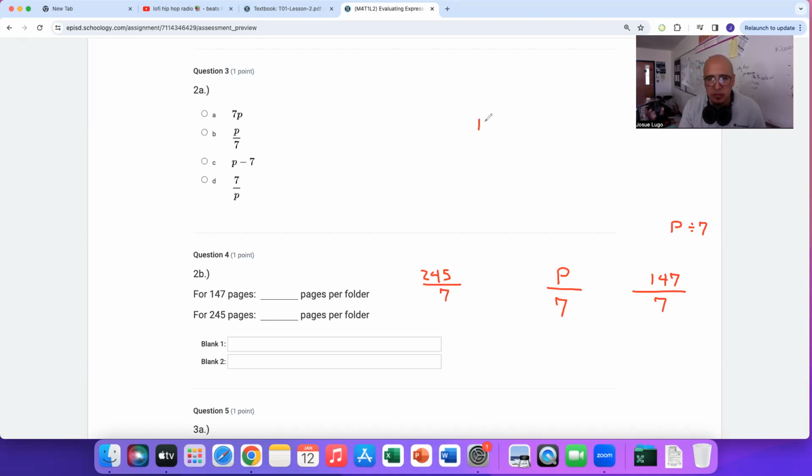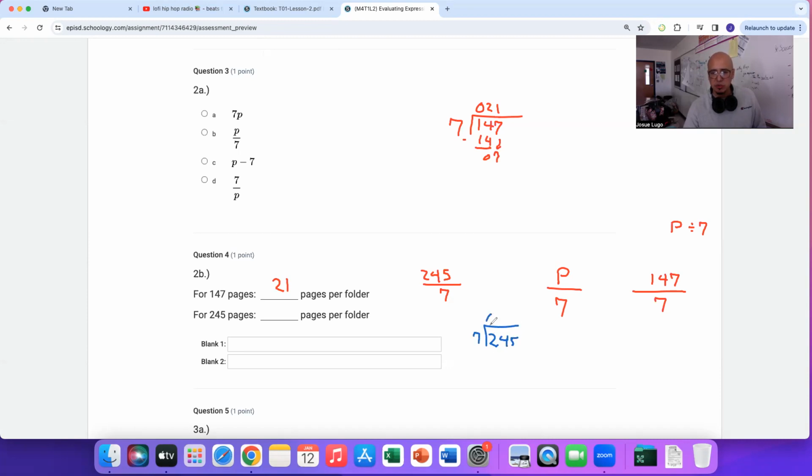Let's start with 147 divided by 7. So 7 goes into 14 twice exactly. And 7 goes into 7 once exactly. So that would be 21 pages per folder. And for 245, let me do a different color. We do 245 divided by 7.